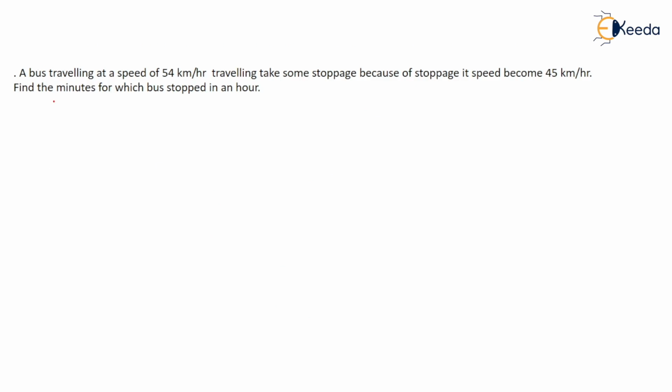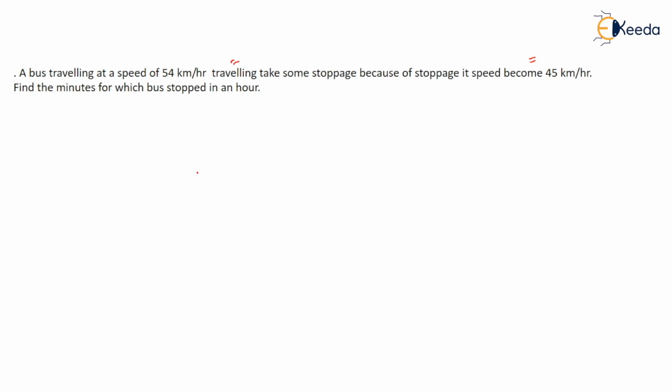Okay, here you can see a bus travels at a speed of 54 km per hour, traveling some distance, and it makes some stoppages. Because of its stoppages, its speed is reduced to 45 kilometers per hour. Find the minutes for which the bus stopped in an hour.